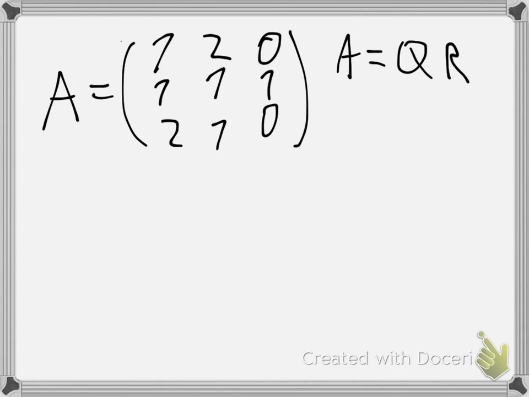Okay, so first we will try to eliminate this element here, then this one, then we will go to the second column vector of A, and we will try to eliminate this one.